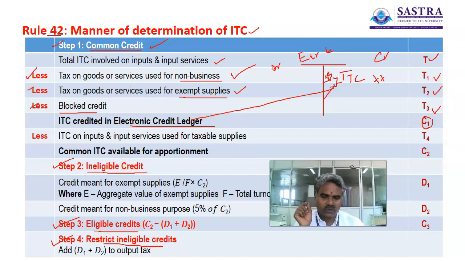So you take the total ITC paid, subtract ITC for non-business, ITC for exempt supply, ITC for block credit. The remaining will be credited in your account.